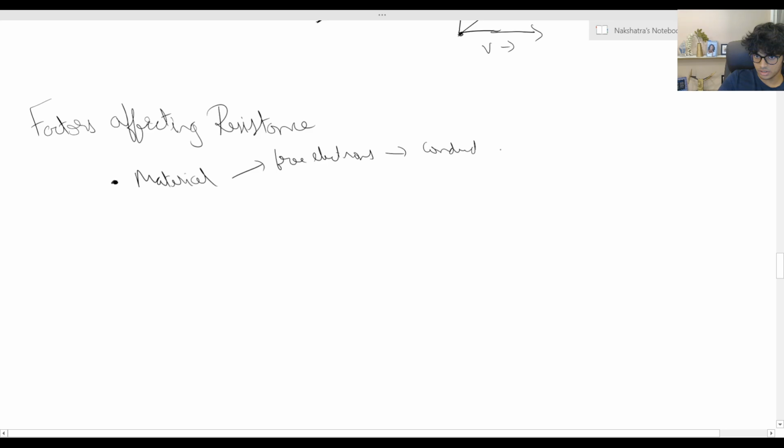It will be able to conduct electricity. Why? Because if the electrons are free, the electrons can move. And what is current? Current is the motion of a charge. Current is a charge in motion, right.